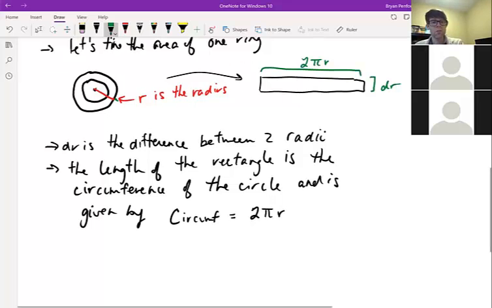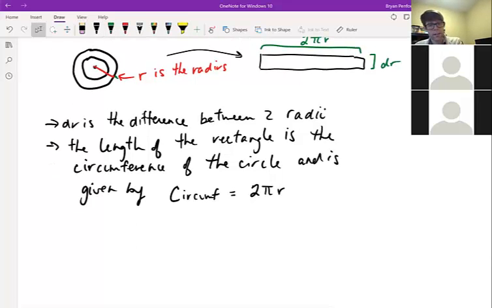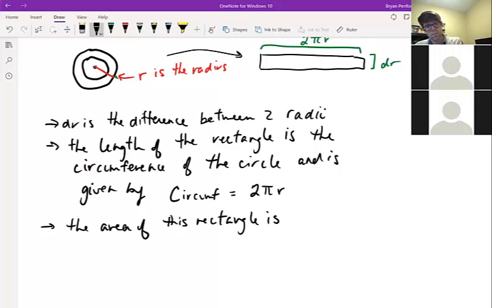Okay, so those are the two measurements that we need in order to calculate the area of this rectangle, right? It's just length times width.